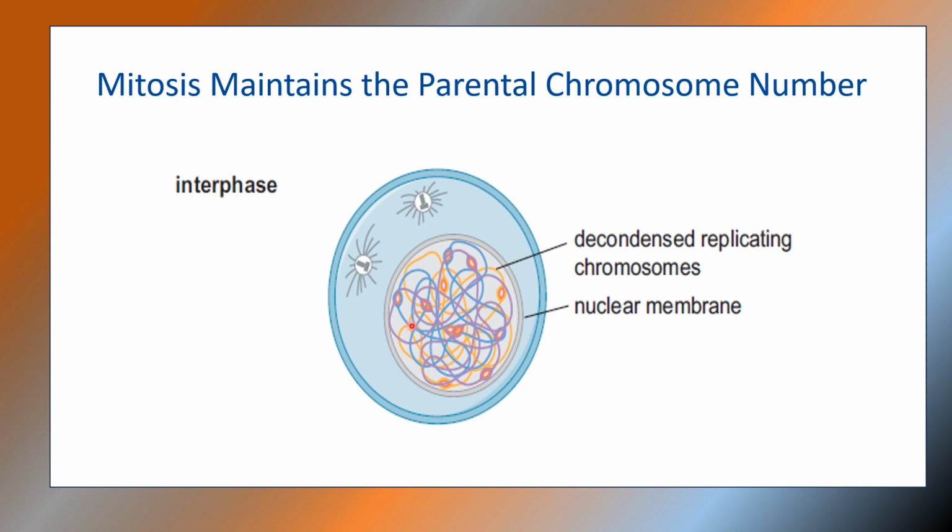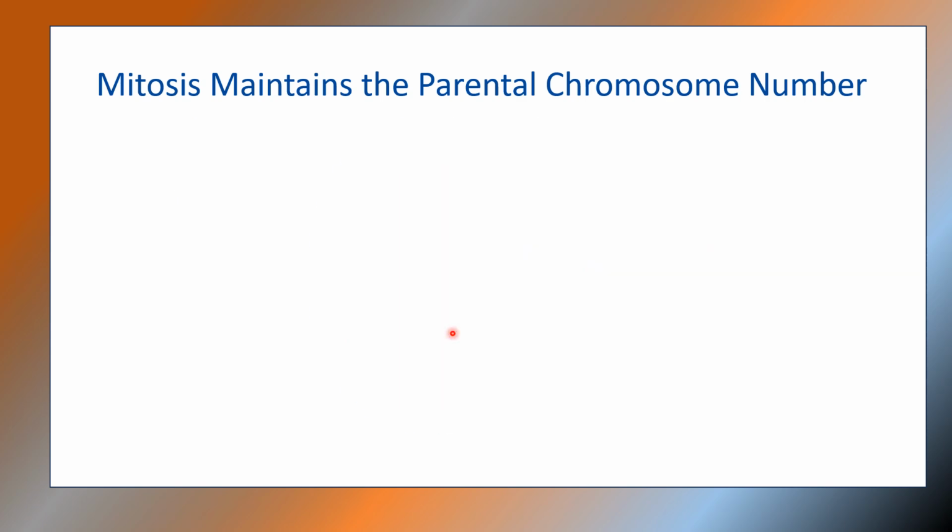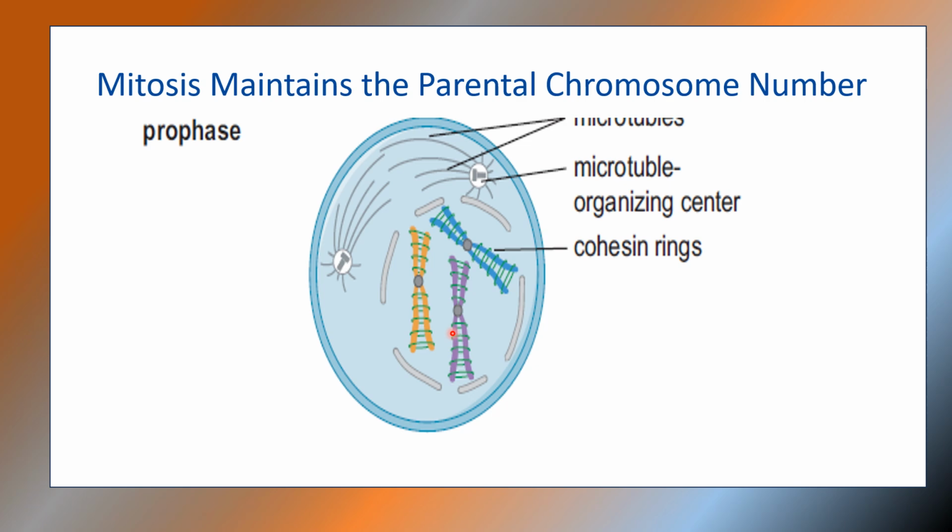In this interphase, the genetic material appears in a highly decondensed state, and even after the chromosomes are replicated in the S phase, they are still present in this same decondensed state. You can see that the nuclear membrane is intact. Now, after the interphase, the cell enters the prophase.